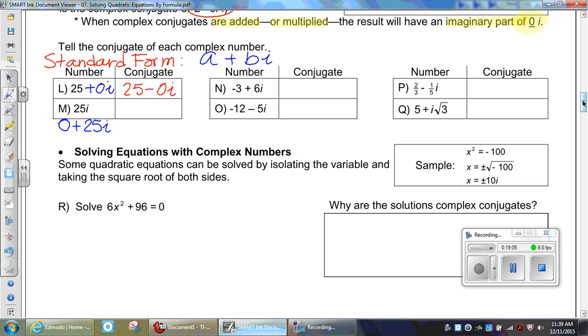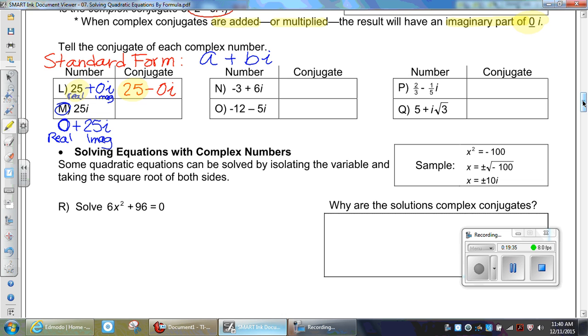So that's why here for M, I'm writing the real part first, and then the imaginary. Okay? Yes? Why don't we just put 25 instead of 25 minus 0i? Well, because we want to write them in standard form. But yes, what you said is true. For a number that is just real, the conjugate will be the number itself.